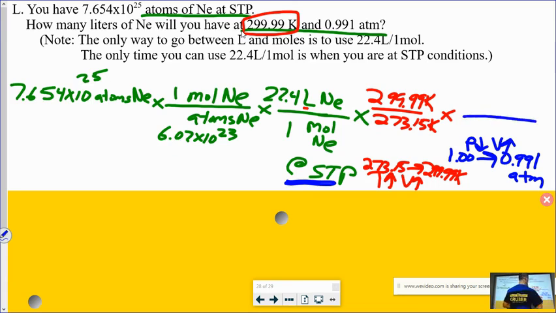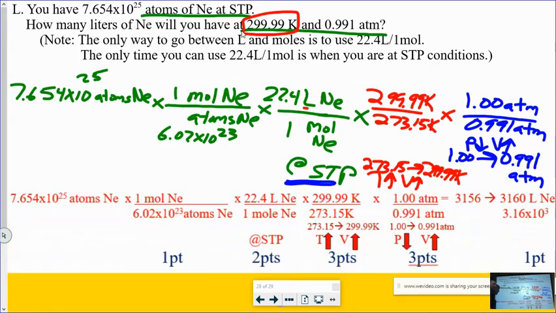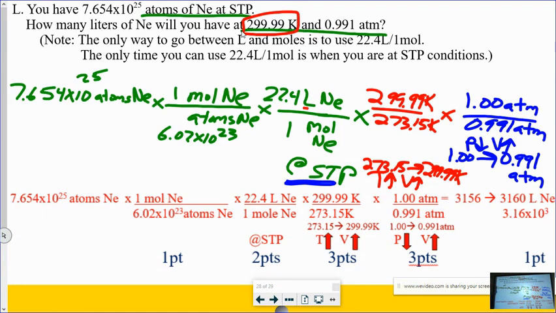So I want my answer to get bigger. So I put the bigger of the two numbers on top, 1.00 atmospheres and 0.991 atmospheres. I crunch all of those numbers, and in a prettier version, I end up getting the answer of 3,160, or if I want to do it with sig figs and scientific notation, I can get 3.16 times 10 to the third.